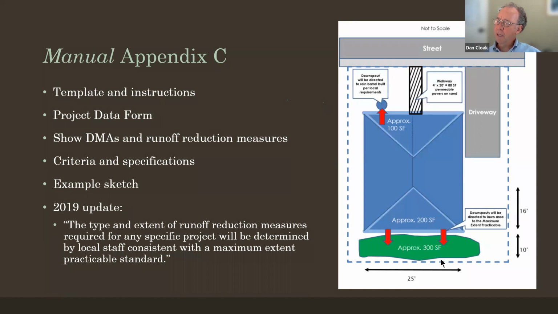And my sensibility in this is that you want people to do what they can. Again, sort of this maximum extent practical standard. But on the other hand, you don't want somebody to give up the shape of their landscaping or their lawn in order to have a pool with rigid size here. So, making sure that the soils are amended, making sure that it's not too steep. Obviously, you wouldn't want this on a very super steep hillside.